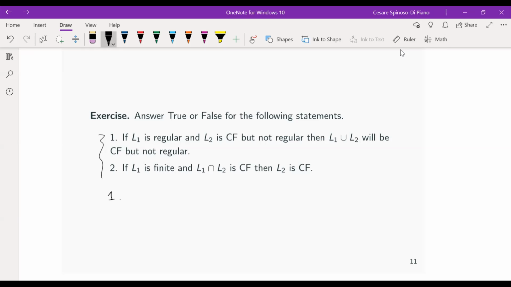The first one is saying that if L1 is regular and L2 is context free, but not regular, then L1 union L2 is context free, but not regular.